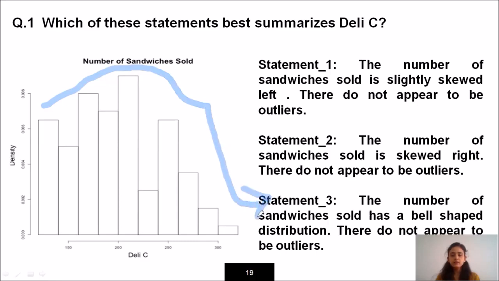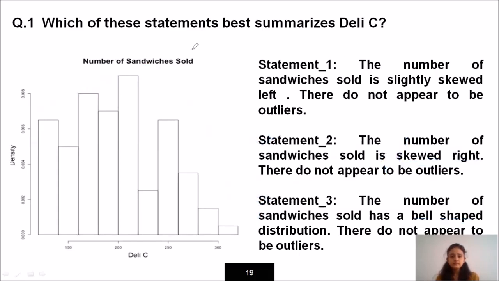I am not having a long tail, but I am having a short tail towards the right hand side. So this particular graph is right skewed. Over here it is written left skewed, and in statement 3 it is written bell shaped. So it is not bell shaped, it is not left skewed. My graph is right skewed, so statement 2 will be correct.